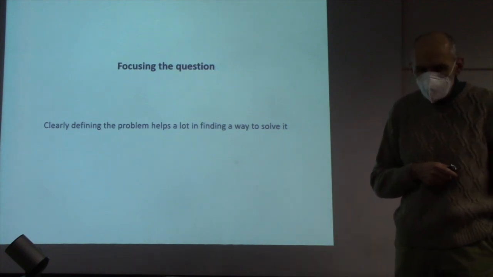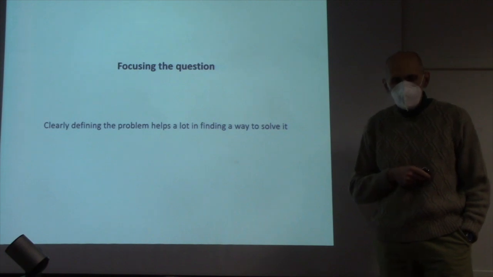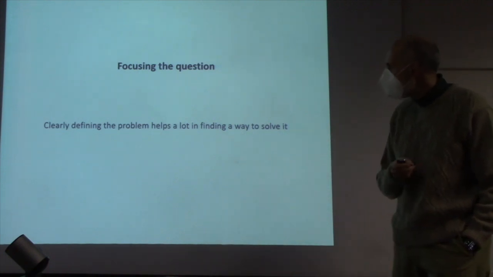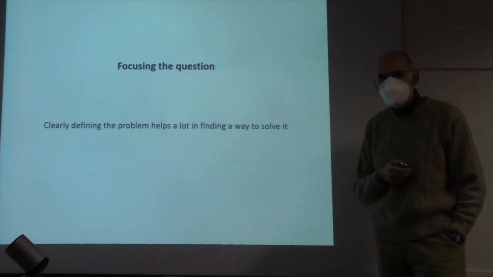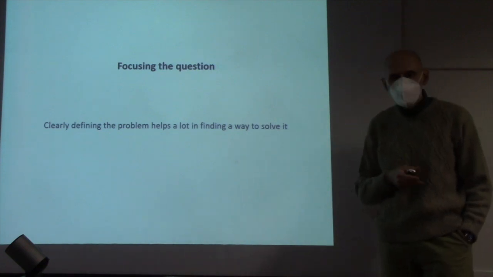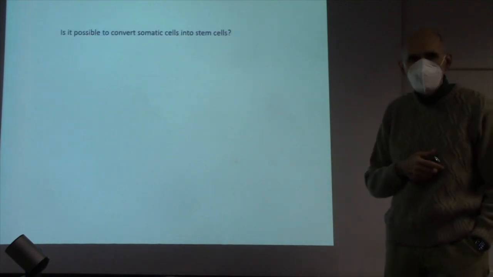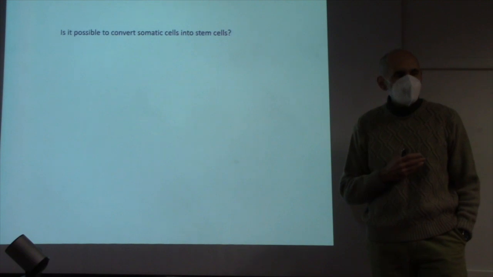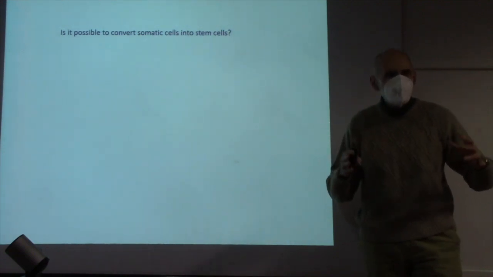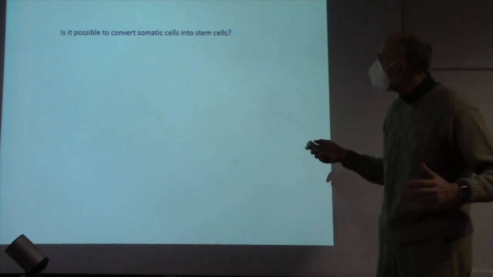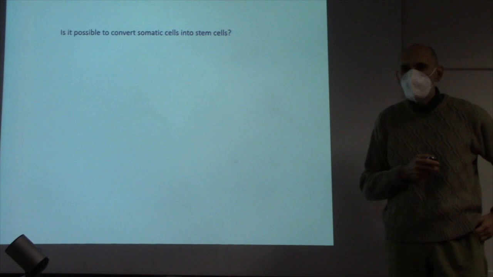The first example I want to show you in order to exemplify this concept is very well known to you, and it is once again Yamanaka's paper. So we might imagine that Yamanaka started from a very general and in fact generic question: is it possible to convert somatic cells into stem cells?